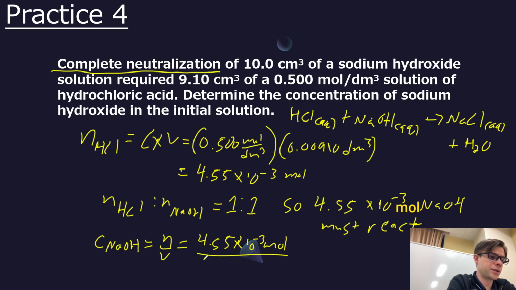You don't want to work with centimeters cubed, so divide by 1,000: 0.0100 decimeter cubed. And that comes out to 0.455 mole per decimeter cubed. Done.